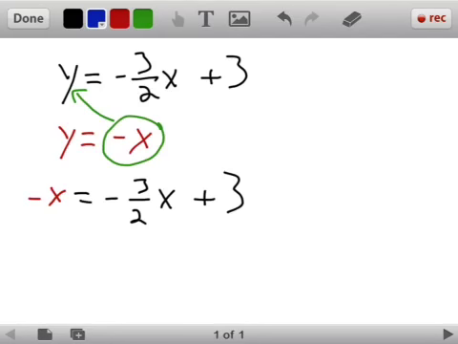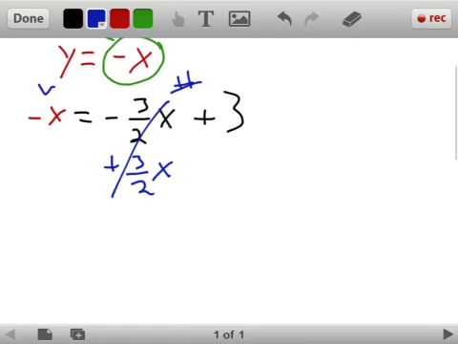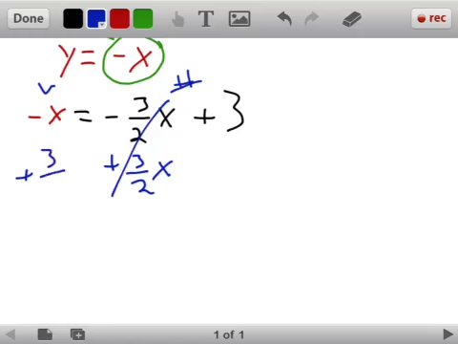And again, you can pick a variable side and a number side. That kind of helps point you in the right direction as to who you need to get rid of. And I need to get rid of that negative 3 over 2x. So I'm going to add 3 over 2x because that's the opposite of subtracting 3 over 2x. And I can cross it out. And then over here, I need to add 3 over 2x.